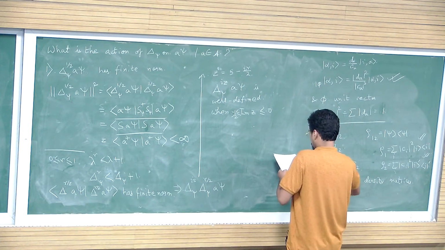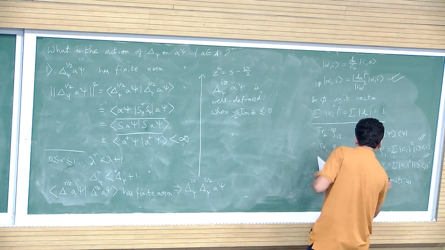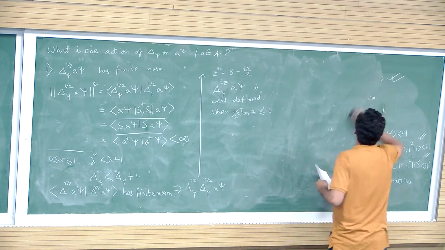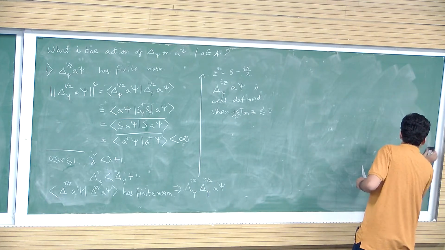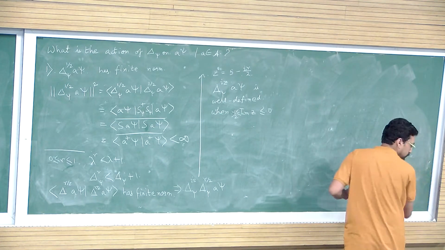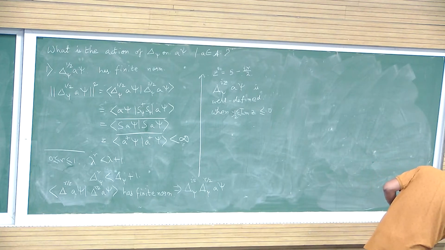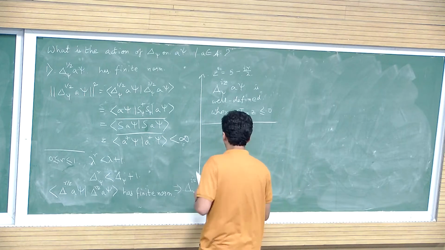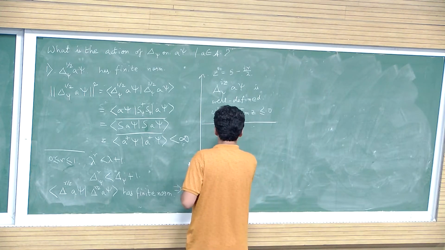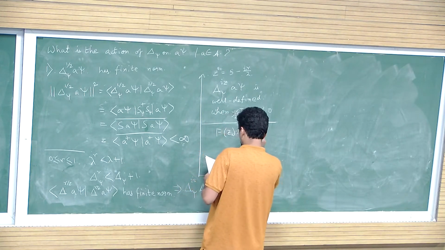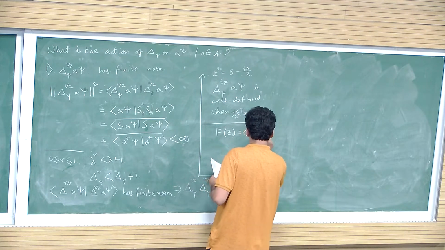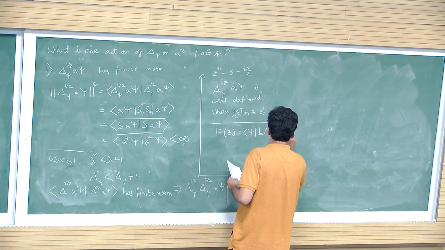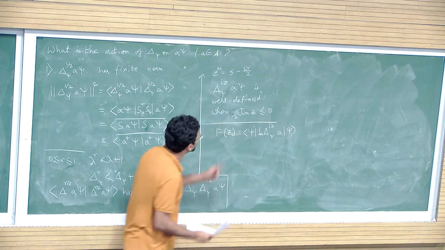Now, if I had two operators, A and B belonging to the algebra, I define a function. Now I am looking at objects like this.